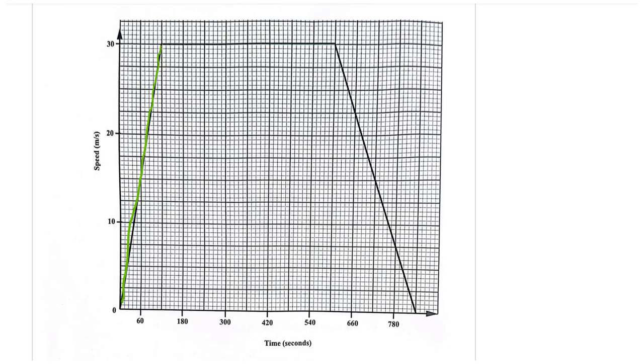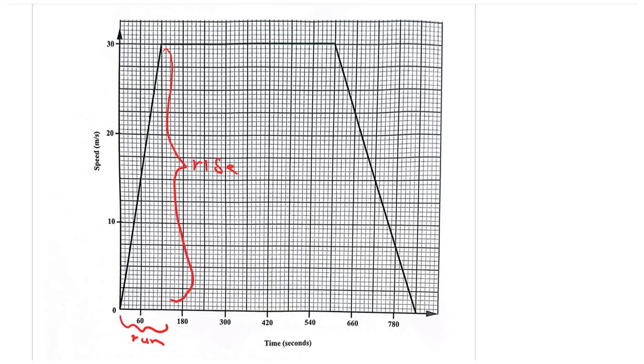Now, the easiest way to do it is to say rise over run. Here would be the rise. Let me use a different color. So this is the rise. And here would be the run.